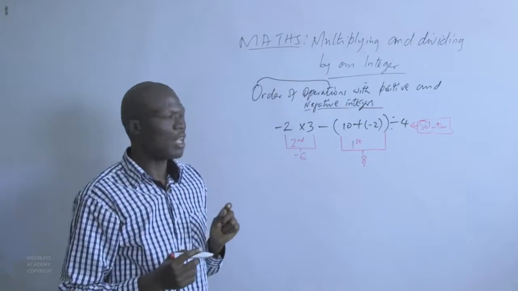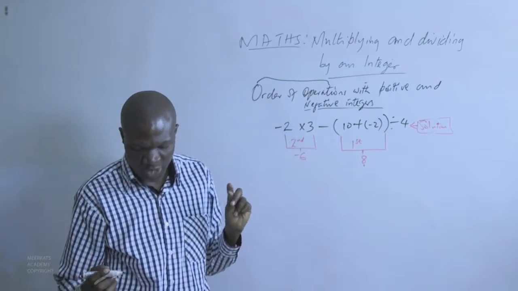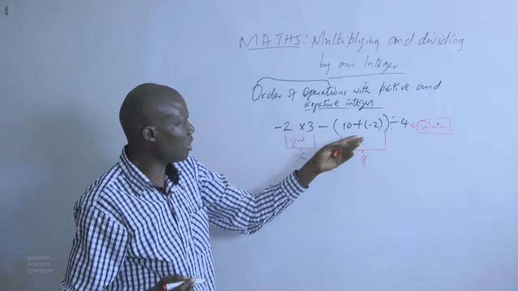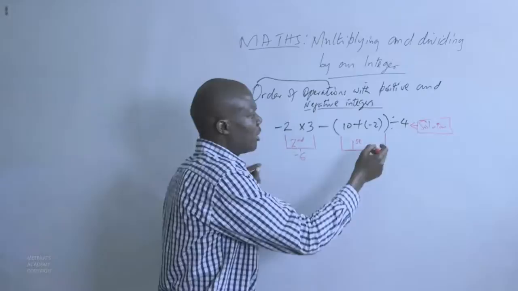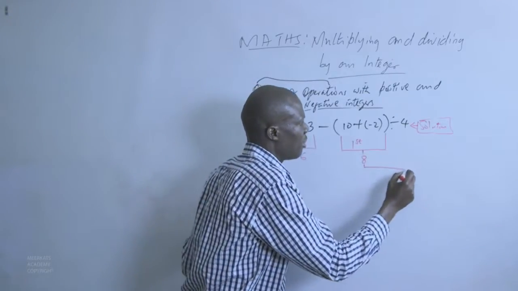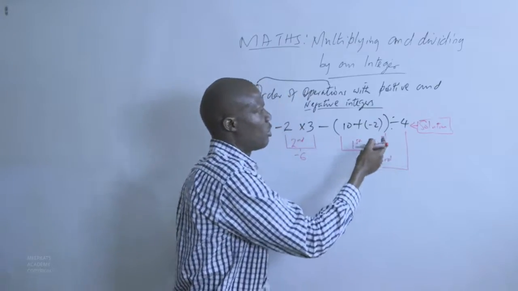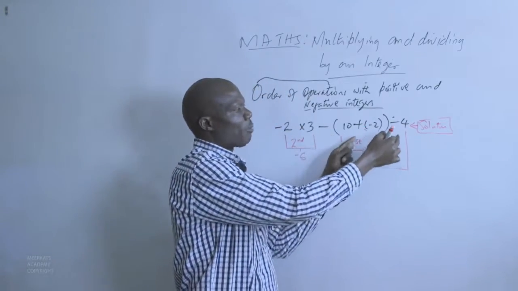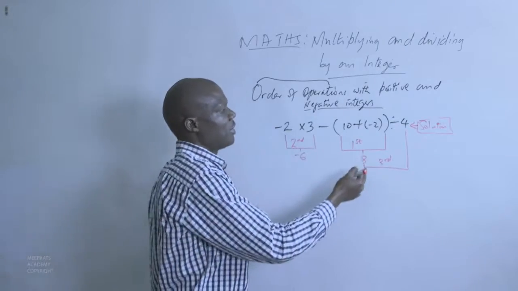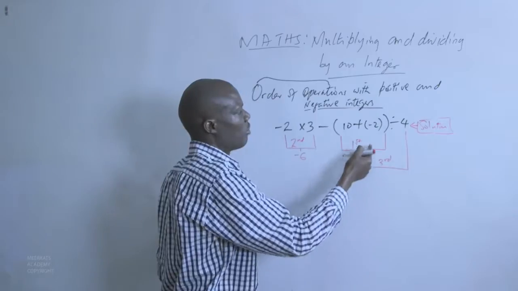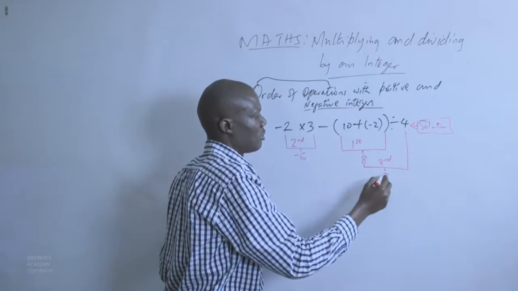Yes. Division, it is there. So we go into the third operation: divide the result by that. 8 divided by 4, both positive, gives us 2.